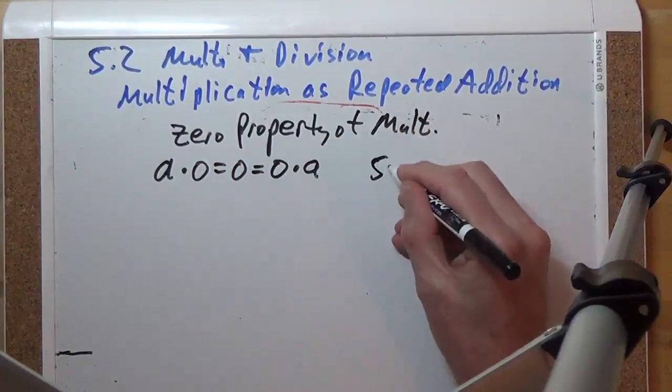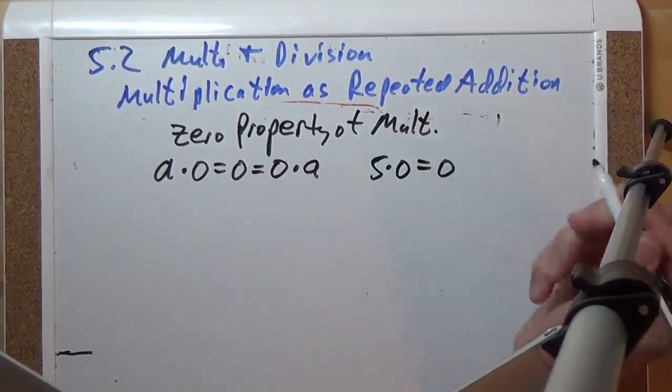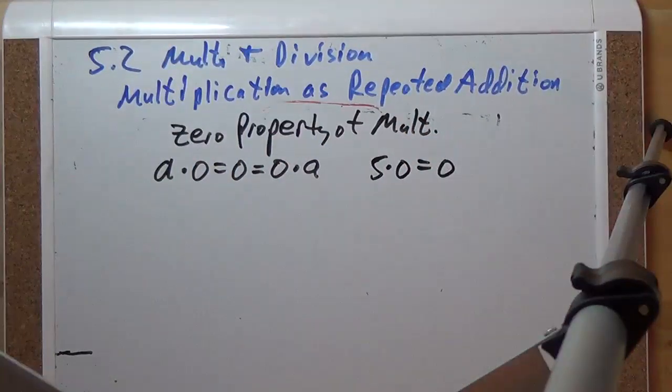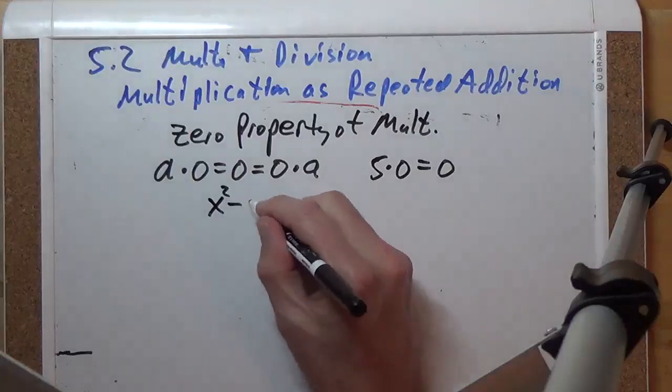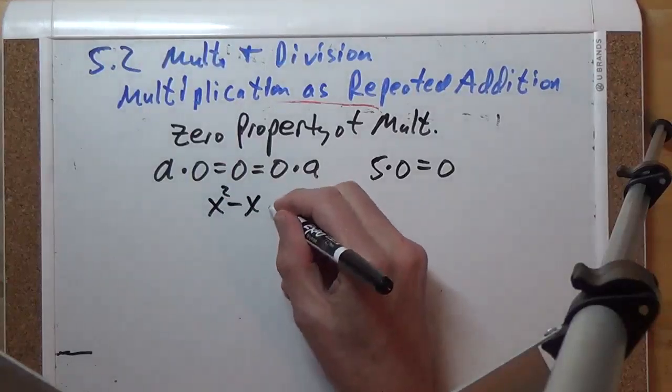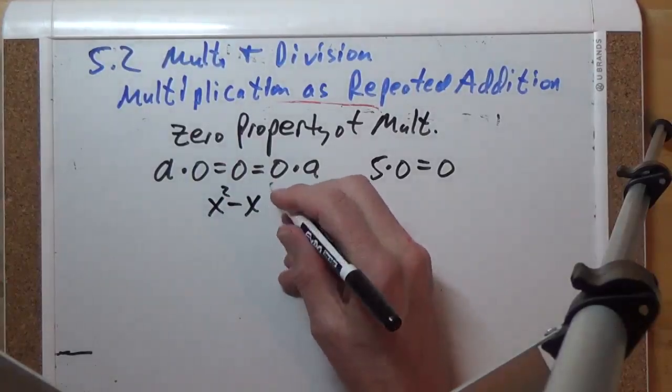We know that 5 times 0 is 0. Well, the reason this becomes important down the road is when students get into algebra and they need to solve a quadratic equation.